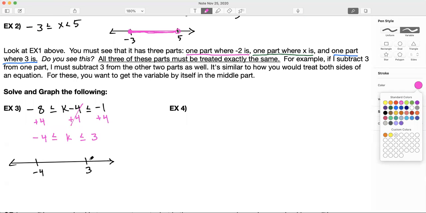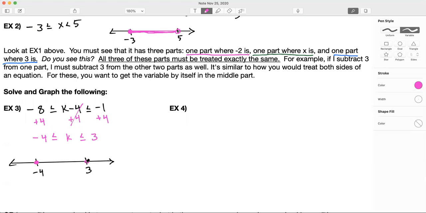Open or closed. Think. What do we have here and here? That's going to be a closed circle. Closed circle. And because it's an "and", k is everything right in between -4 and 3, including -4 and 3. That is what k is. And we have solved it and graphed it.